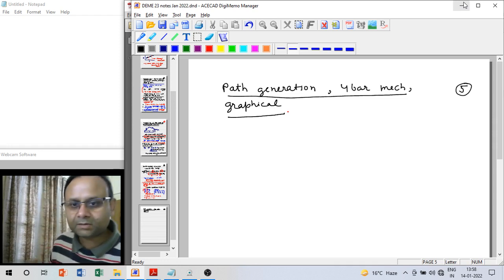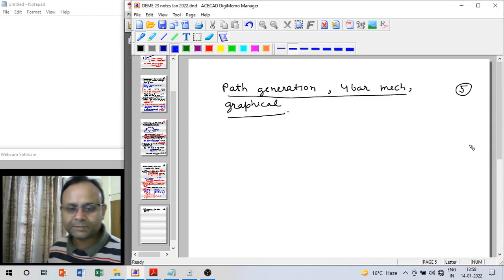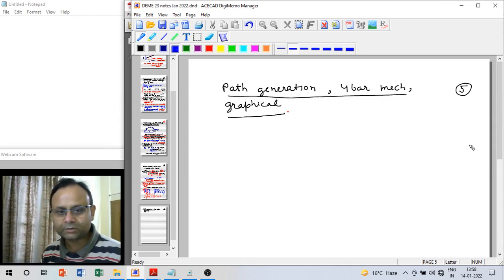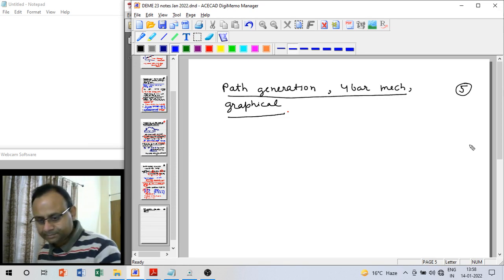If you remember, path generation is when it is specified that a point on the coupler is going to follow this path. Okay, that's all that is given. So that's called path generation.